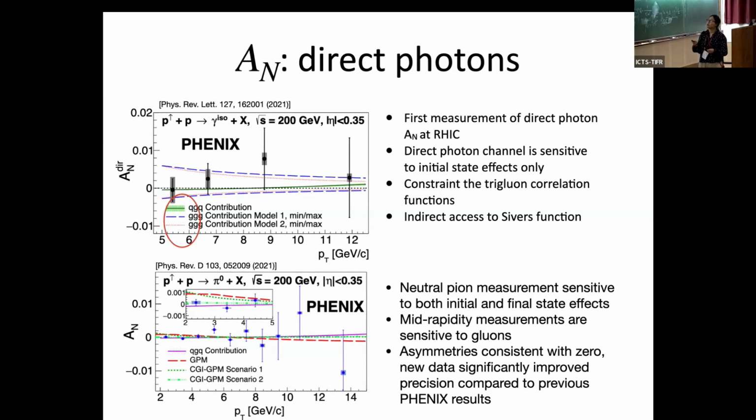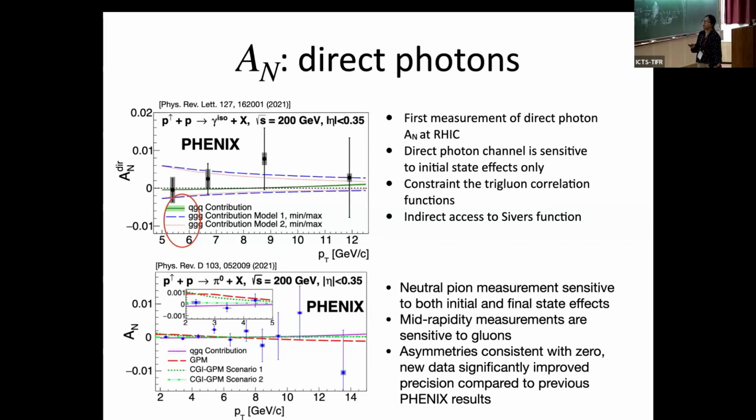All right, so I have two measurements here that are sensitive to the tri-gluon correlation functions. One is the direct photon measurement from the PP collision, and the proton is again transversely polarized. And this is actually the first measurement of the direct photon transverse asymmetry that is published. So here what we see is the transverse asymmetry of the direct photon production in PP as a function of PT, compared with this theory calculation that predicts the asymmetry.